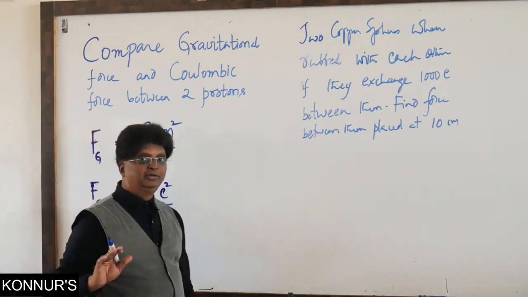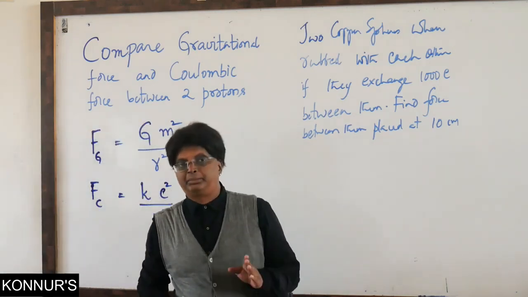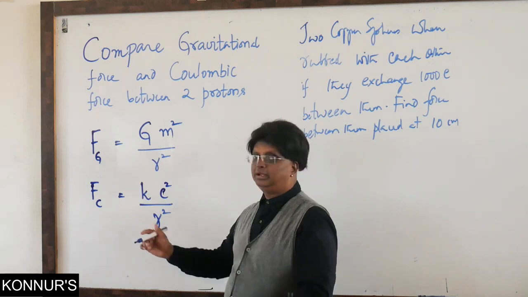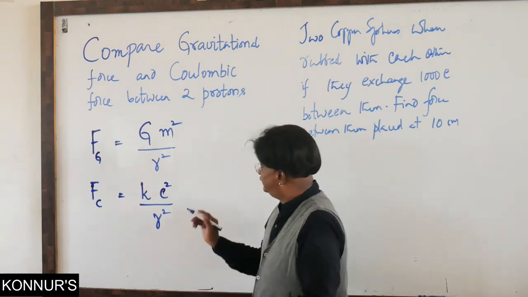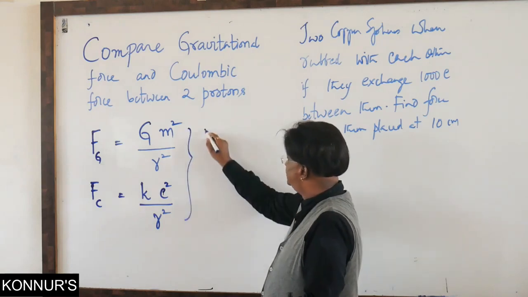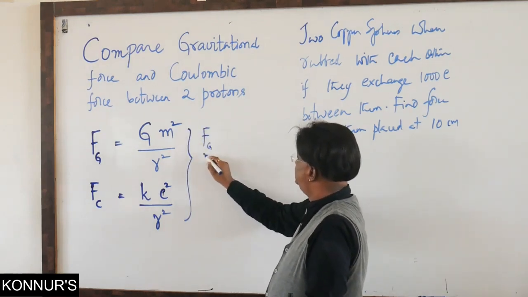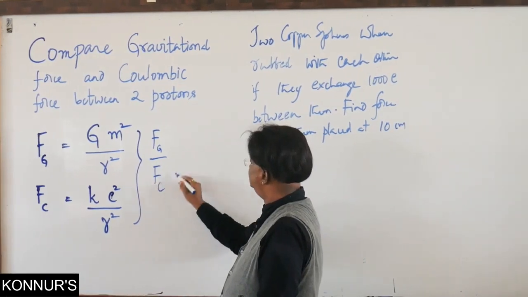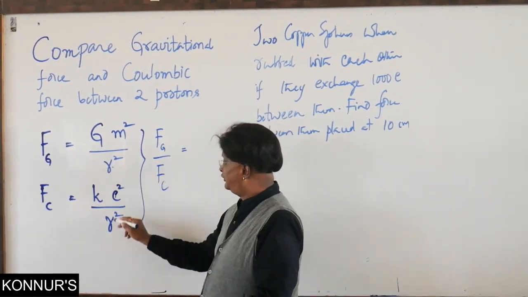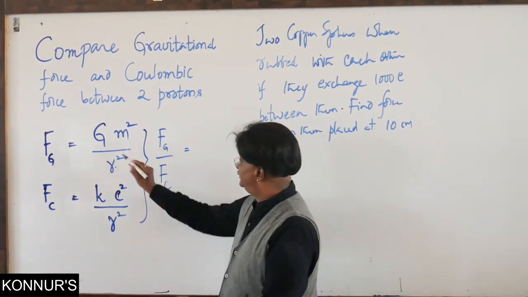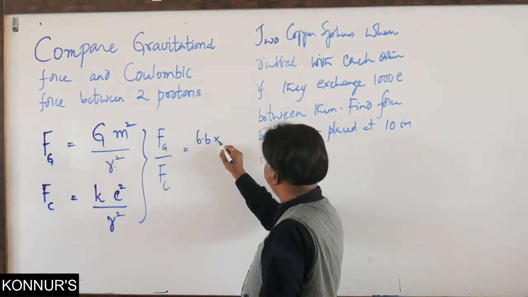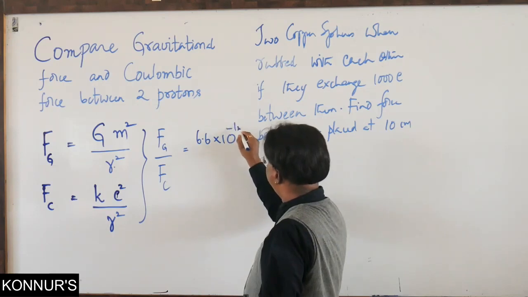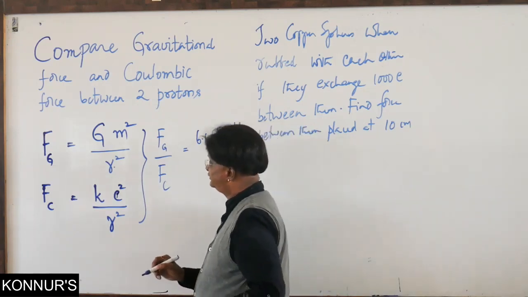So for a given distance, we are comparing the gravitational force and the Coulombic force. Therefore, I am writing it as Fg upon Fc. Only this comparison. Then this r squared term cancels. Therefore, you have the G value, which I told you earlier is 6.6 into 10 raised to minus 11.